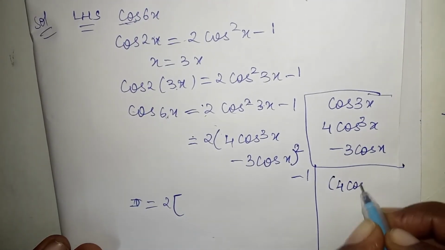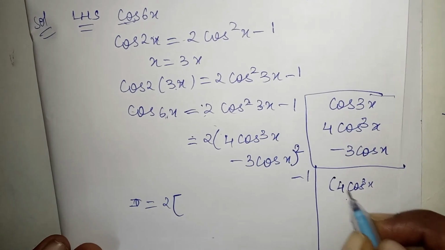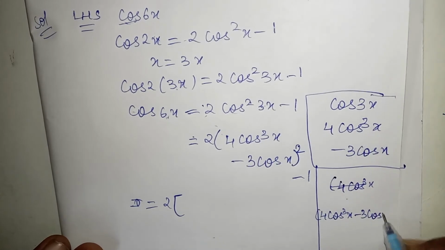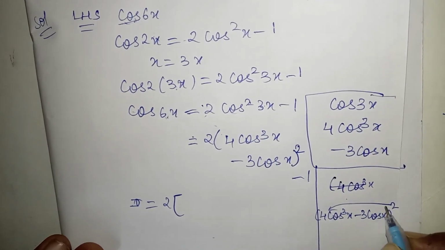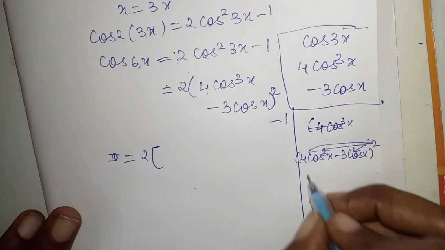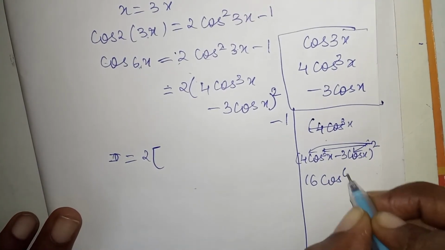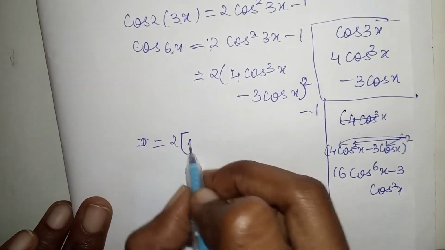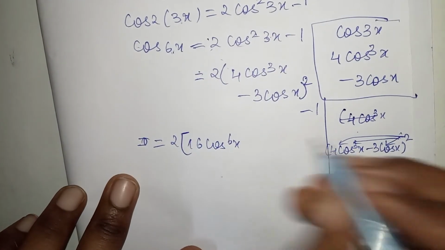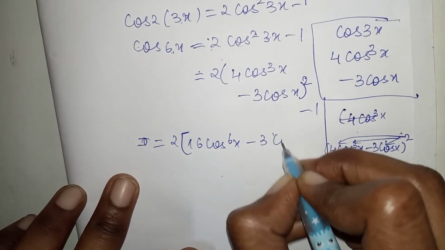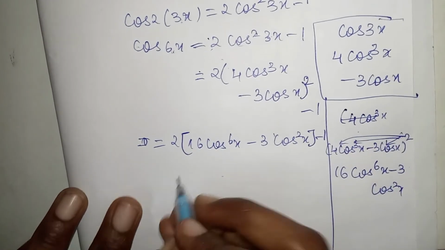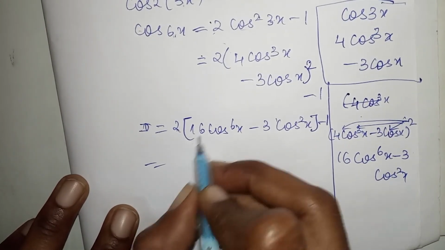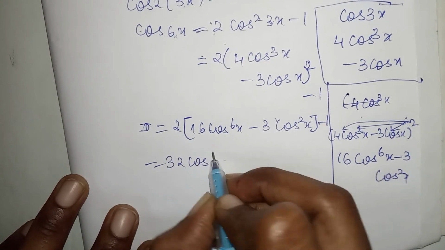See, 4 cos cube x, the square will become here for this also, for this also. 4 square is 16. 3 2s are 6, x minus 3 cos square x. So write this over here. Multiply it by 2. 2 16s are 32 cos power 6x.